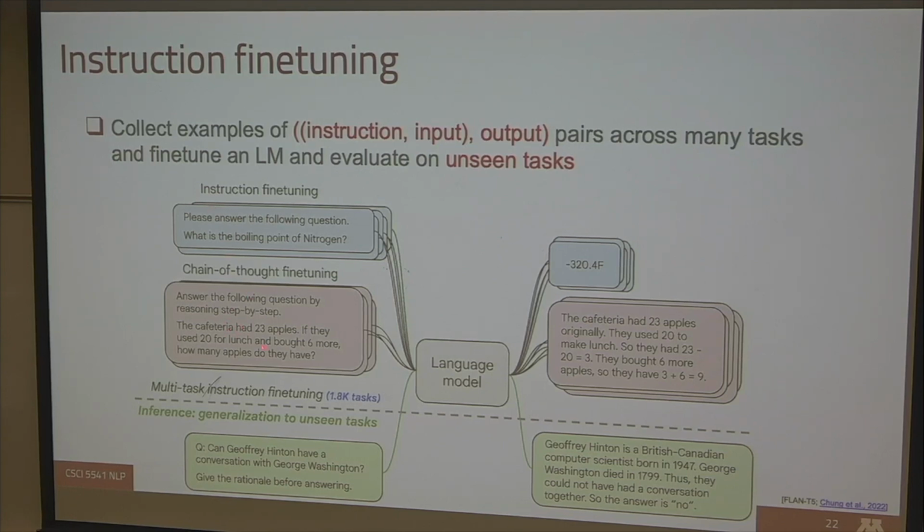So we collect a bunch of data and then append instructions to each input. The instruction here is what we want the language model to do. So "Please answer the following question" could be an instruction. "Answer the following question by reasoning step by step" is another instruction. And the input in this case is the question itself. Then we have the corresponding output paired with the instruction and input pair.